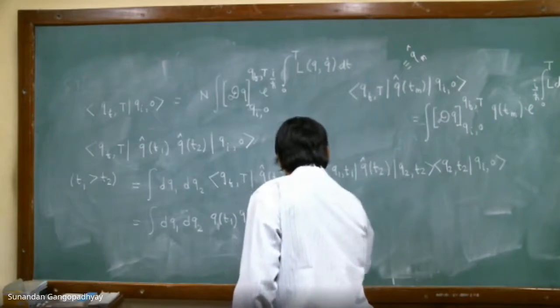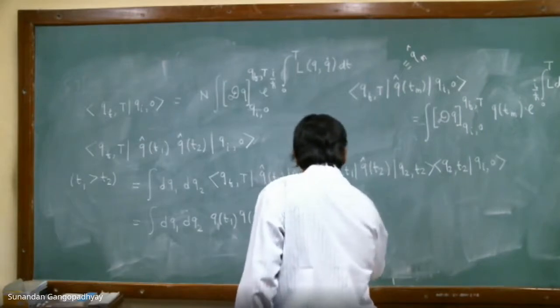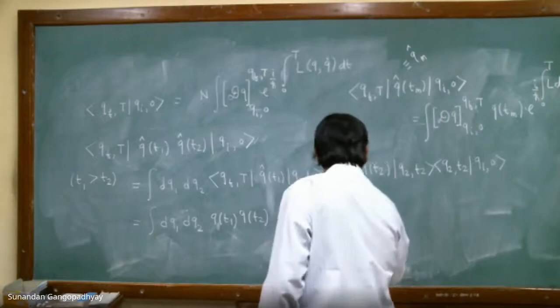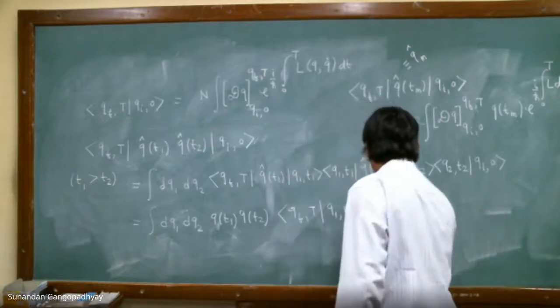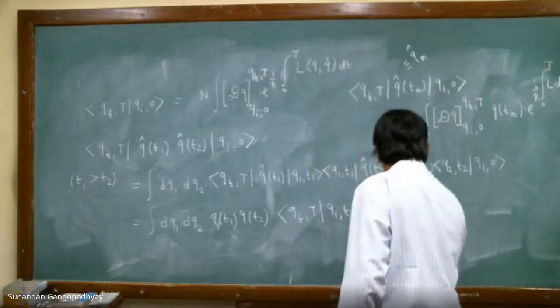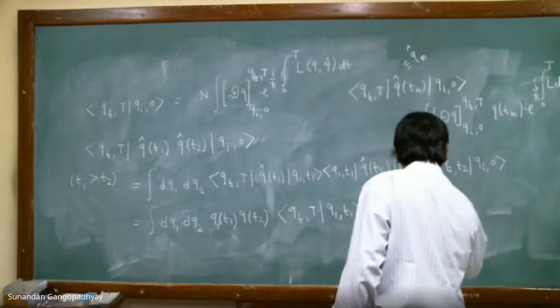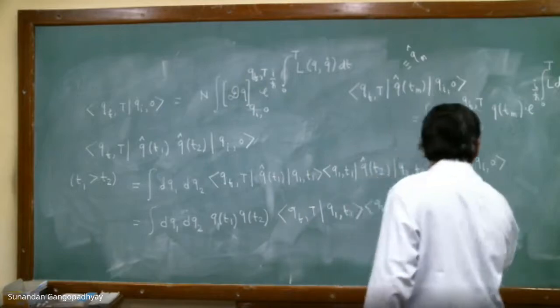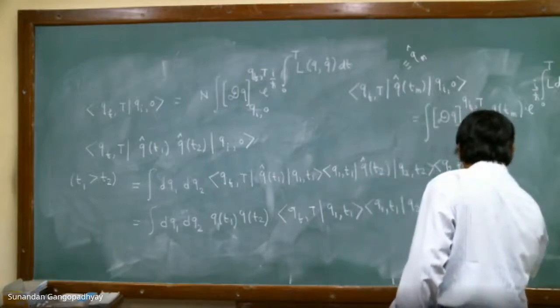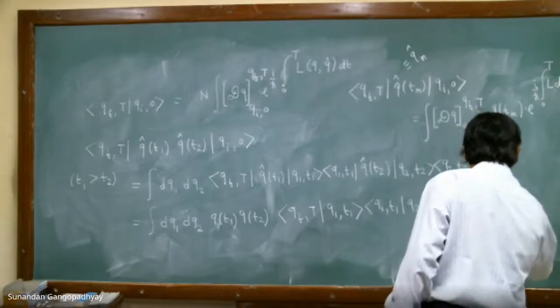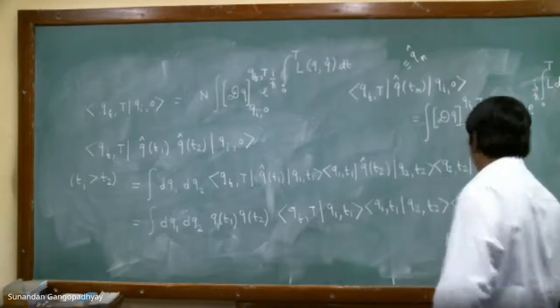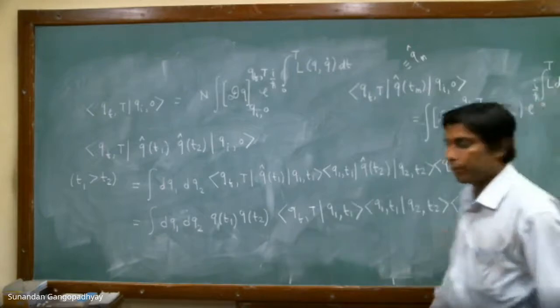And now you have Q_f, Q_1, Q_1, Q_2, Q_2. So that is what we have.